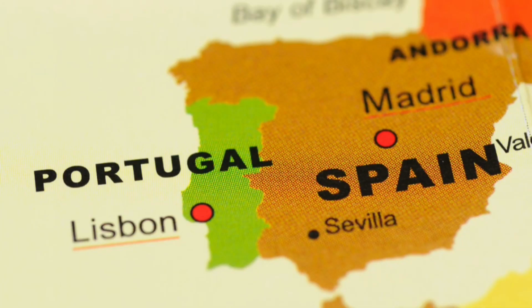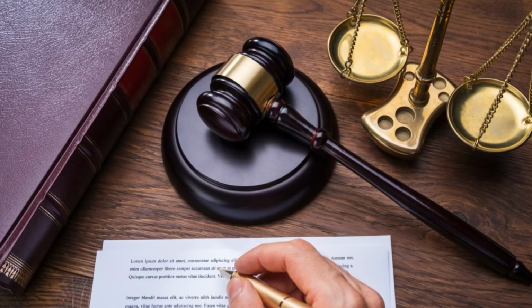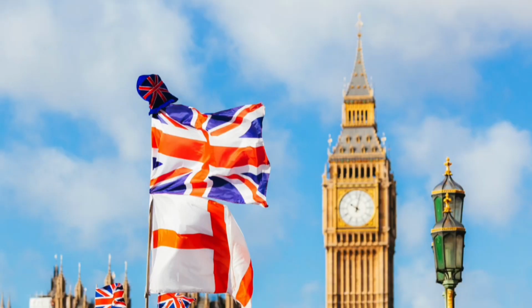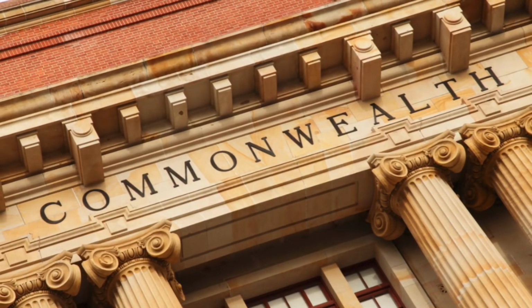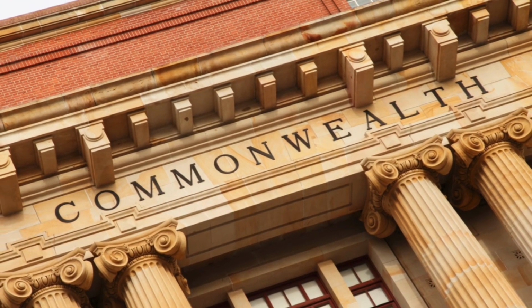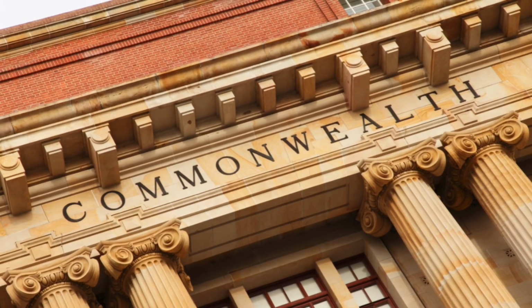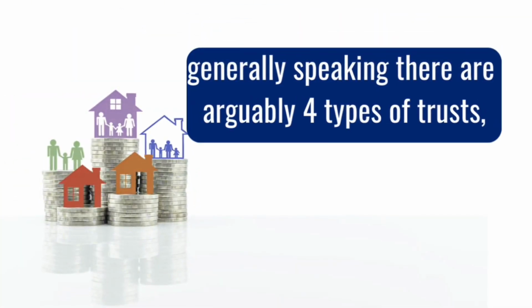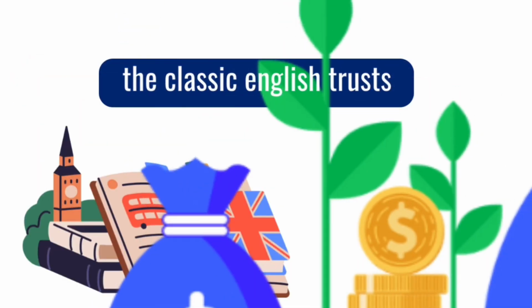And then second, you need to consider that trust law has evolved along different paths in England, in the US, and in different areas of the Commonwealth. So it is possible perhaps to identify different trust models. Arguably I'd say that there are four models of trust internationally. There's a classic English trust.